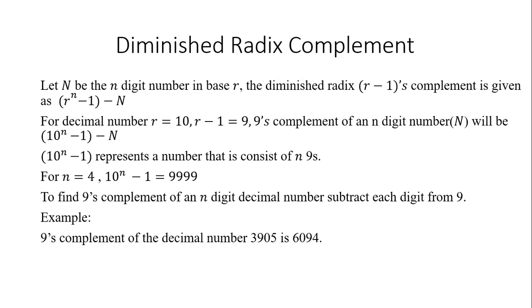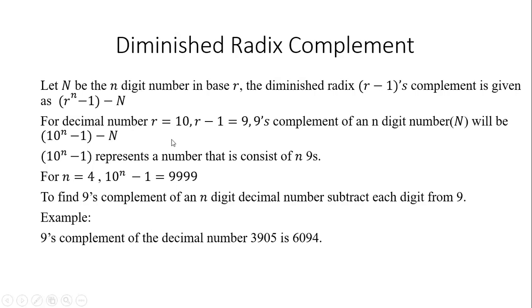How to compute the diminished radix complement or R minus 1's complement? Let N be an n-digit number in base R. The diminished radix, R minus 1's complement, is given as R raised to power n minus 1 minus N. Here R is the base, the small n represents the number of digits, and the capital N represents the number for which we are going to compute the diminished radix complement.